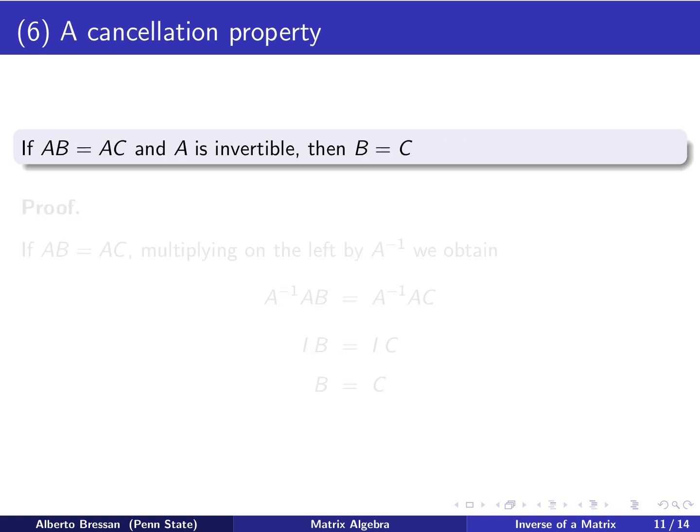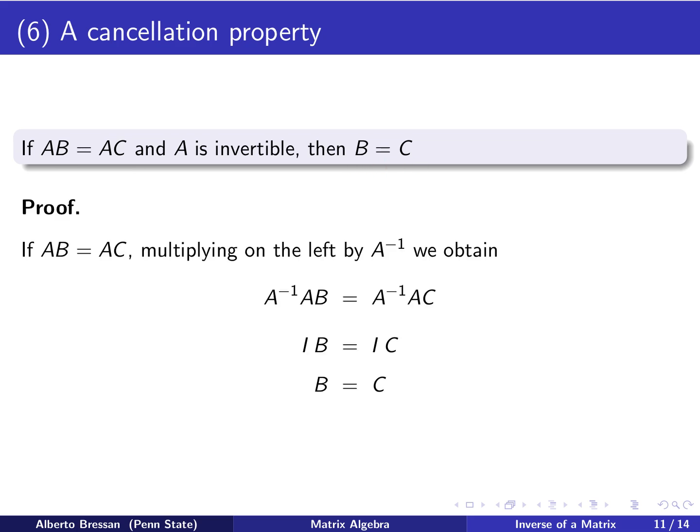Okay, so the last one is the cancellation property. It says that if A times B equals A times C, and the A matrix is invertible, then B must equal C. Okay, we can start with this assumption here, if A times B equals A times C, and using the fact that A is invertible, we can have A inverse, which is also a square matrix, and then we will multiply on the left.